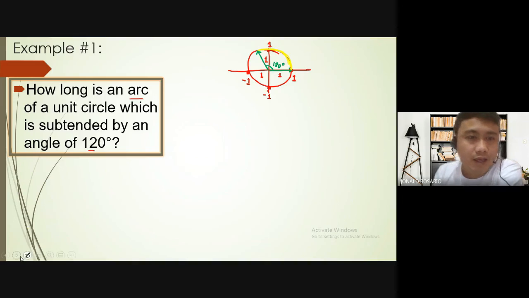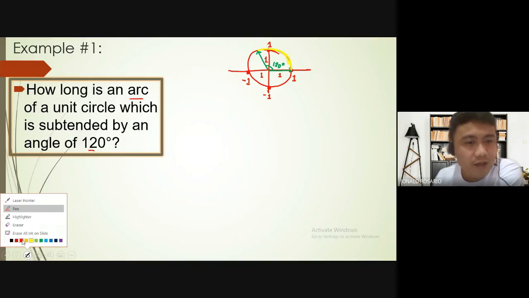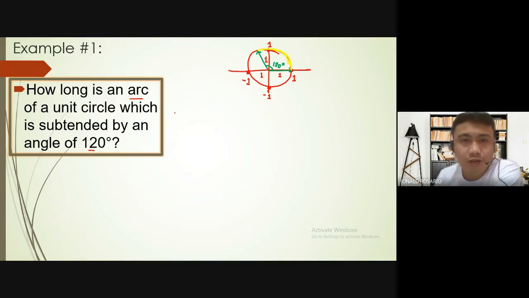Okay, wala naman tayong problema kasi sa module ninyo, binigay sa inyo yung formula for that. Ang formula na binigay sa inyo dyan ay S is equal to R times A. Okay? S is the arc length or the length of the arc, and R is the radius of the circle, and A is of course the angle.